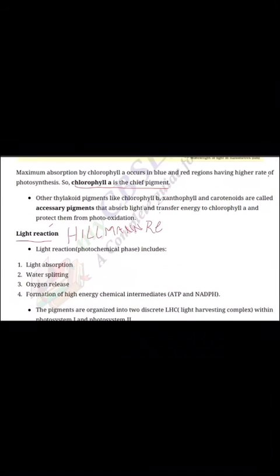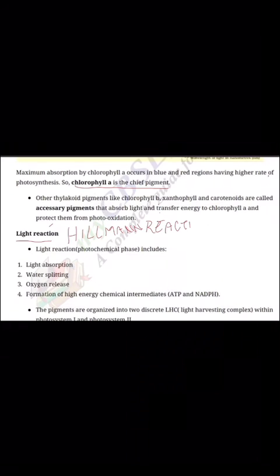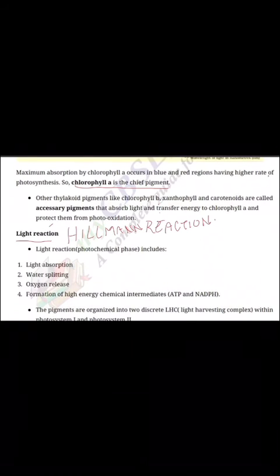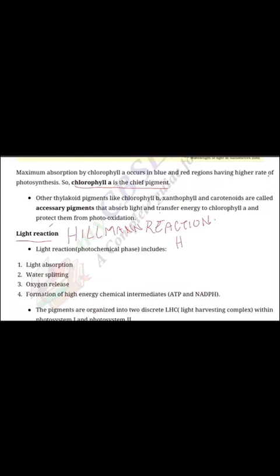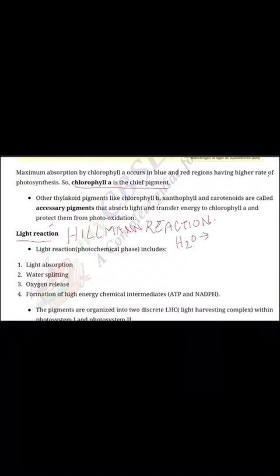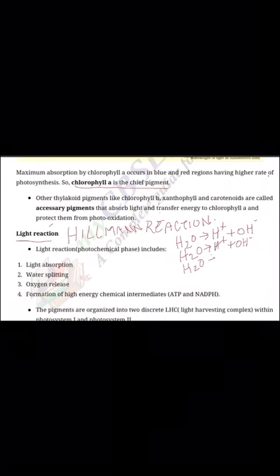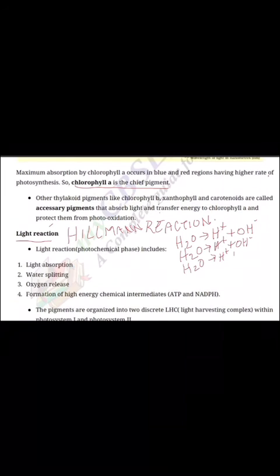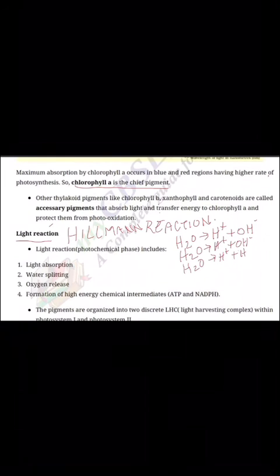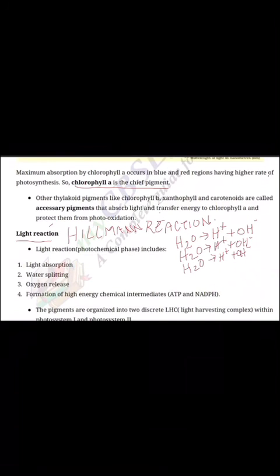Basically the greatest discovery in this is the splitting of water, that is, H2O splits into H plus and OH minus. For your understanding I am taking 4 molecules of H2O, each into H plus and OH minus. This is the splitting of water, or what we call photolysis.